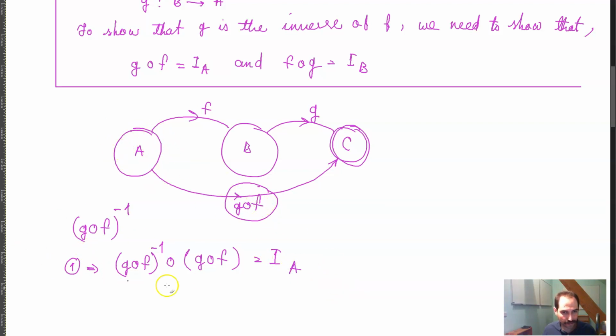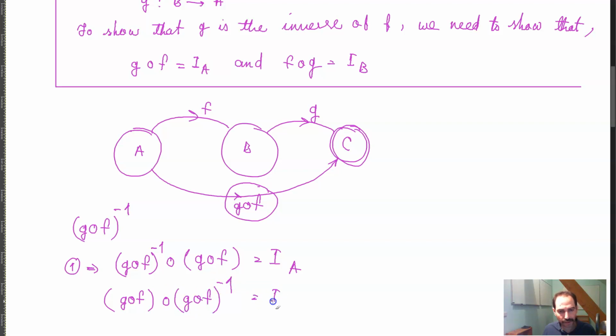That was the first thing that we showed. And second, you see I have g∘f here, f∘g here, meaning that you have to change the order of these two functions. So instead of (g∘f) inverse composed with g∘f, I write g∘f composed with (g∘f) inverse.